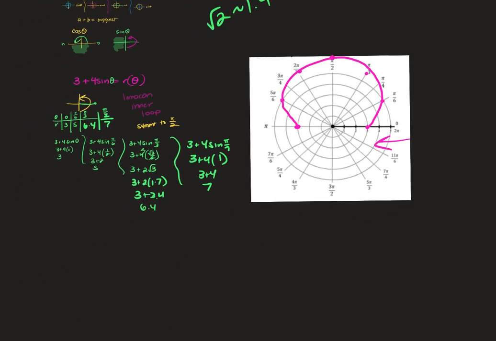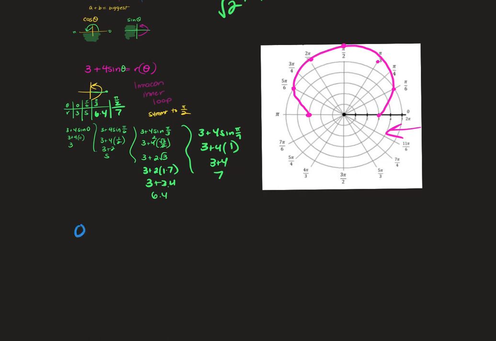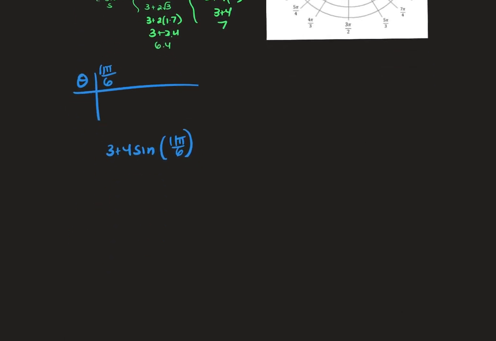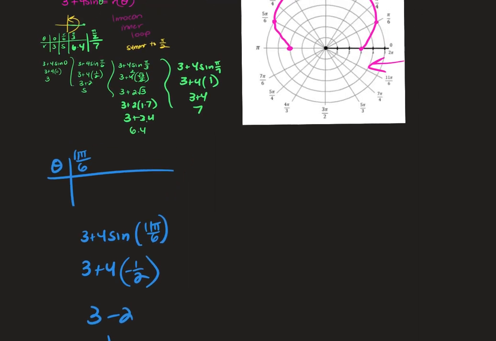So I will plug in 11 pi over 6, and I get 3 plus 4 sine 11 pi over 6. What's the sine at 11 pi over 6? Negative a half, right? So it'd be 3 minus 2, which is 1.